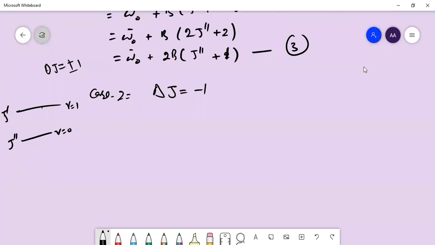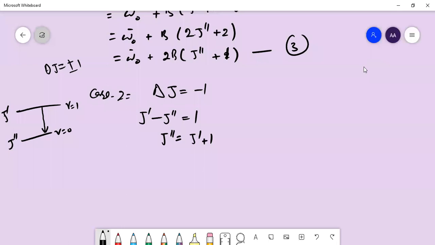Minus J means that our molecule is returning from the higher state to the lower state, and it changes by only one number. It means it is allowed according to the selection rule. So delta J equal to minus 1 means I will consider J dash minus J double dash is equal to 1, and I will take the value of J double dash as J dash plus 1.